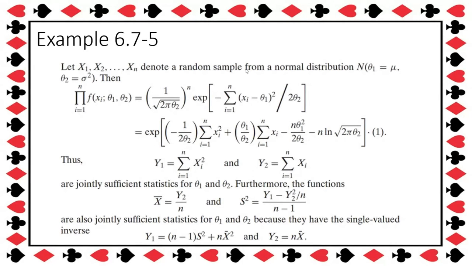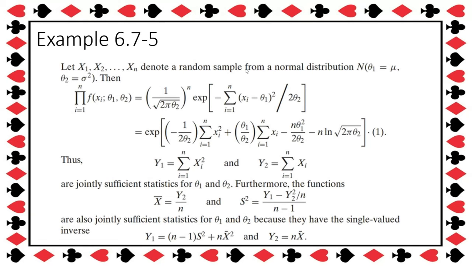Is the X bar from the definition of the mean of a normal distribution, and the S squared the definition of the variance from the normal distribution? That's the definition for sample variance, and this is the definition for sample mean, because that's how y2 and y1 are being defined.